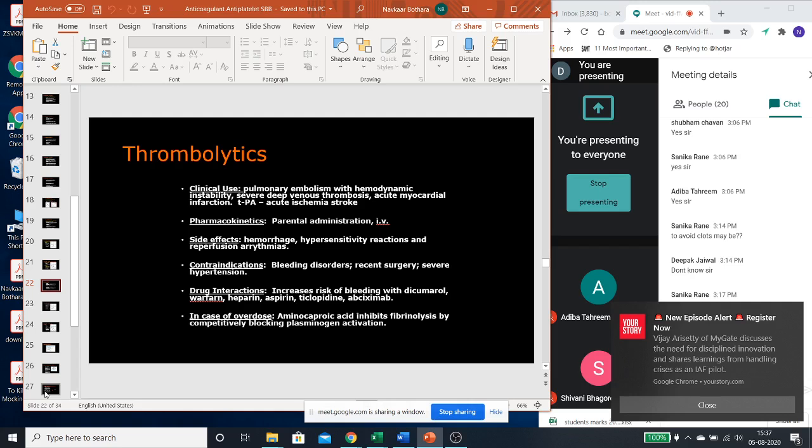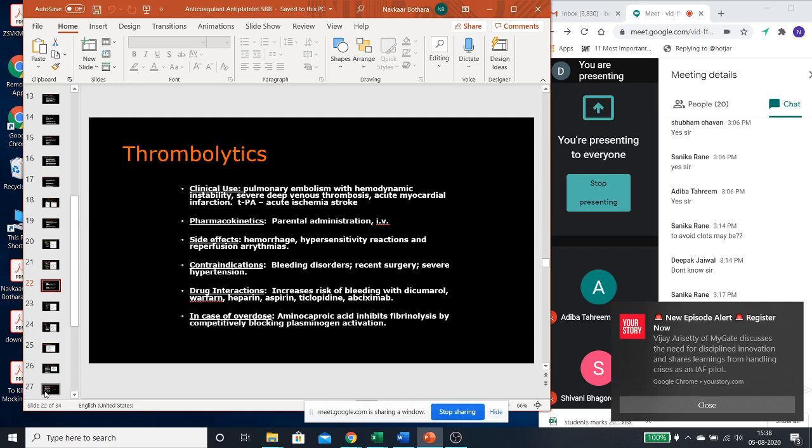Side effects: again they will cause hemorrhage because they cause rupture or destabilization of the fibrin clot. They can also cause hypersensitive reactions and reperfusion arrhythmias. These are the major adverse effects they can cause. Reperfusion arrhythmia occurs only in MI, because if it is stroke or DVT, then there are little chances, but in myocardial infarction it will cause it.